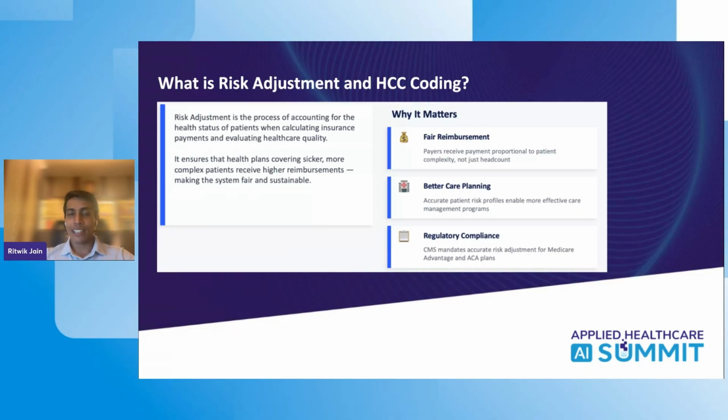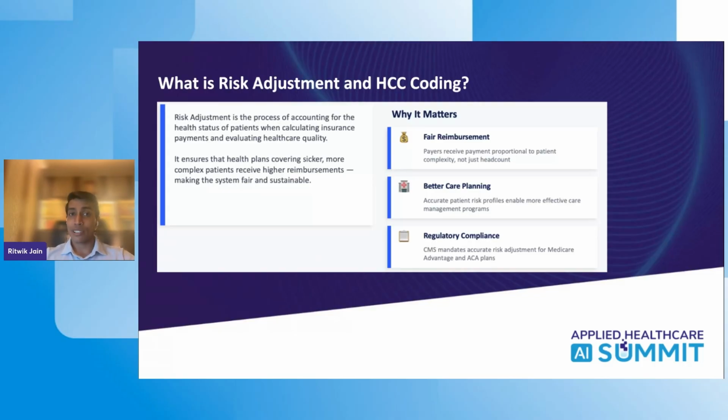So where does HCC coding actually come in? HCC stands for hierarchical condition category. It is the classification system CMS uses to group related medical conditions and assign a risk adjustment factor, which most people know as RAF, to each patient. That RAF score directly determines how much a health plan actually gets paid for that specific patient. So here's the problem. Conditions have to be documented and coded accurately every single year for them to count. A patient's diabetes doesn't automatically carry over.